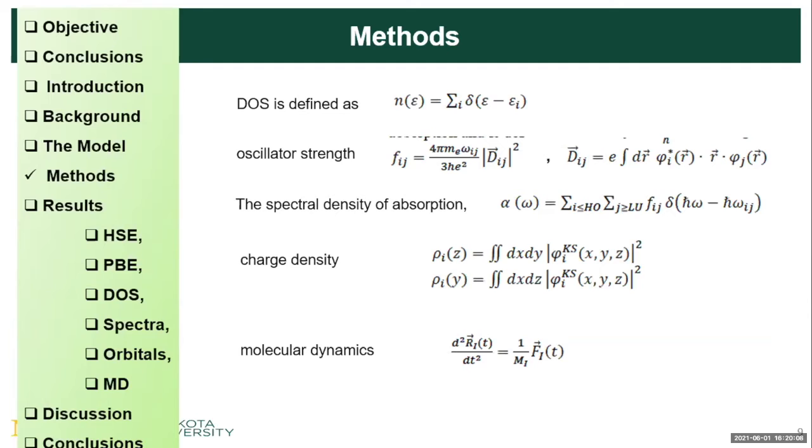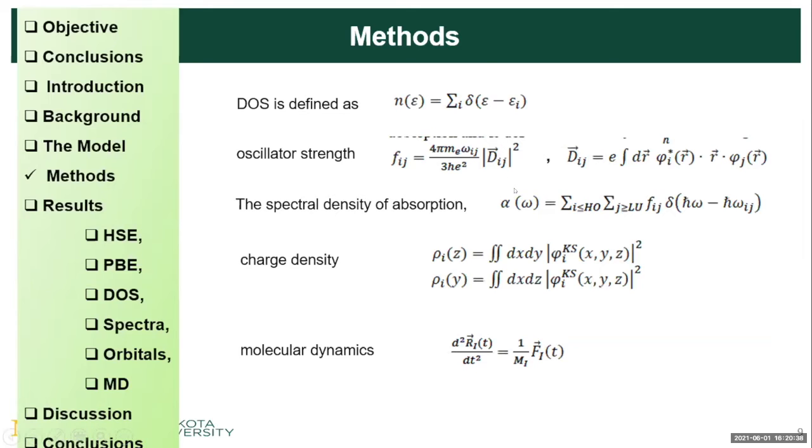DOS is defined by this equation, where the Dirac delta function was approximated with a Gaussian function.